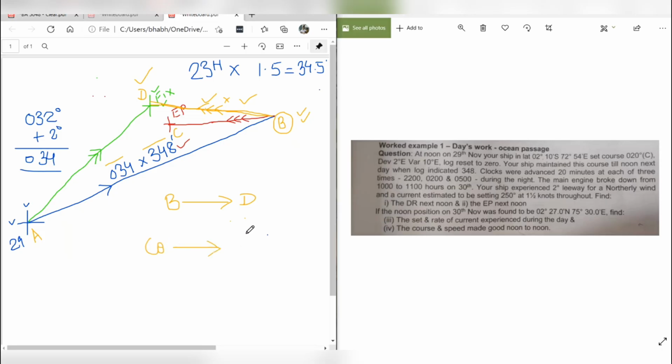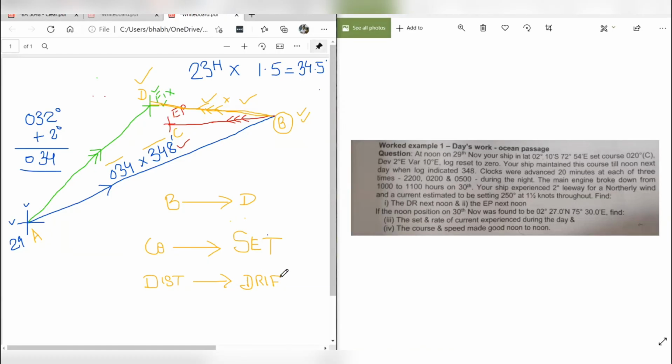Set. Very good. It will be the set of the current. And what will be the distance? Drift, sir. It will be the drift of the current.